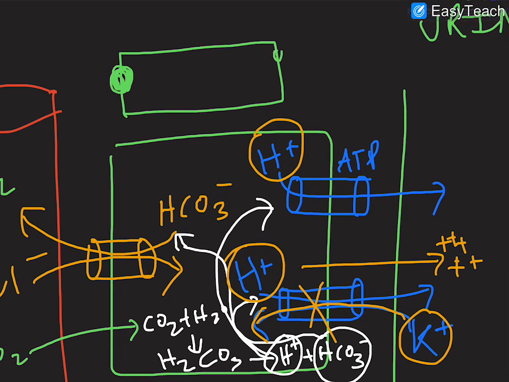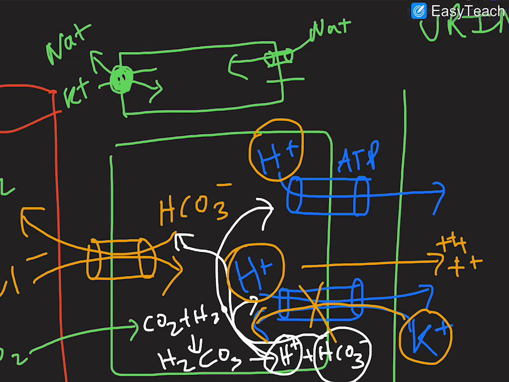They also have sodium channels here, where sodium goes from your urine into your principal cells and out through the sodium potassium ATPase into your blood. And we know potassium comes through the sodium potassium ATPase, and we have a channel on this side so that potassium can go into your urine.